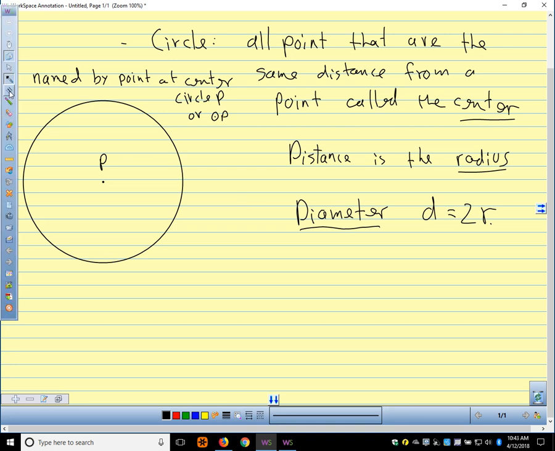So I'm going to draw in some pieces. The diameter goes from one side to the other through the center. So that's a diameter. The radius goes just from the center to the circle. So there's going to be a radius.